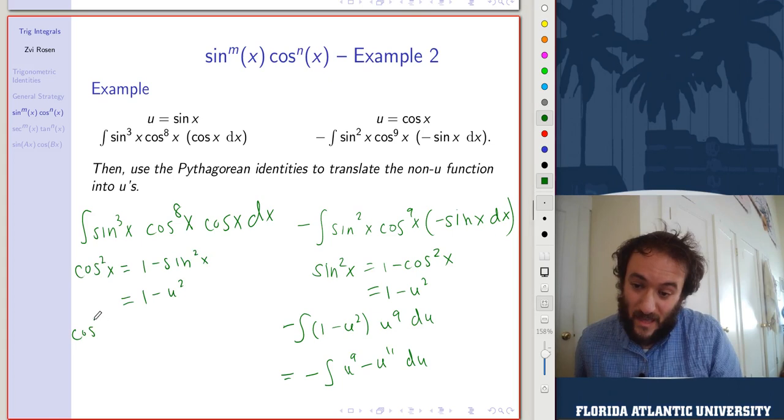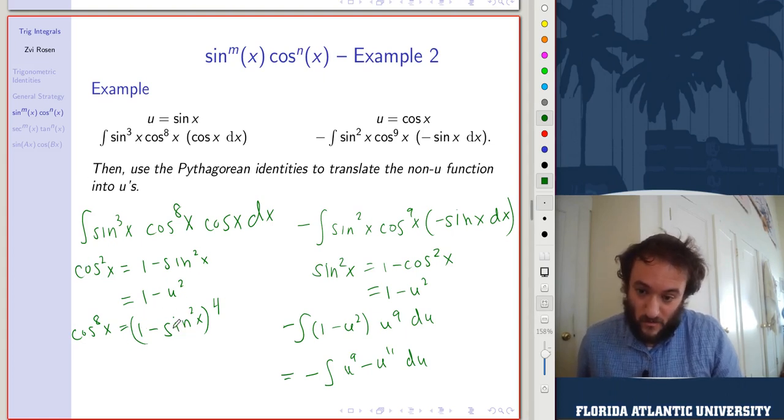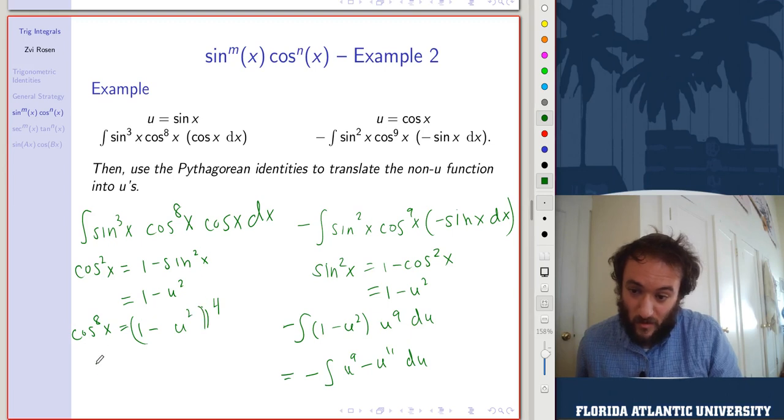So cosine to the 8th x equals 1 minus sine squared x to the 4th power, which we can just write with u to make it a bit simpler: 1 minus u squared to the 4th power, and that's going to be something really ugly like this.